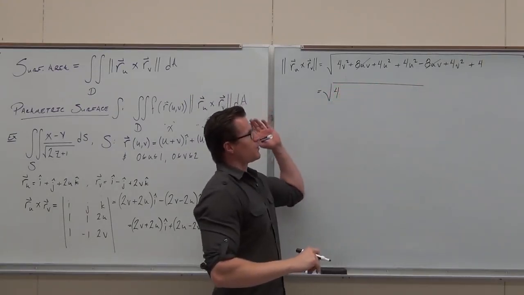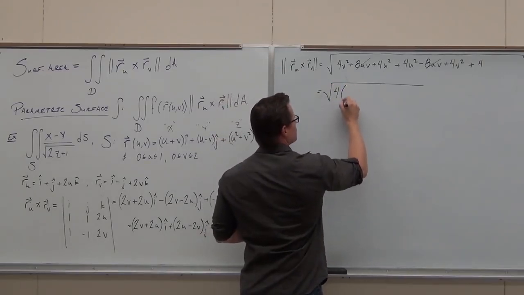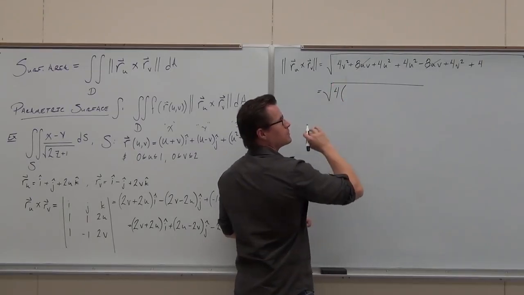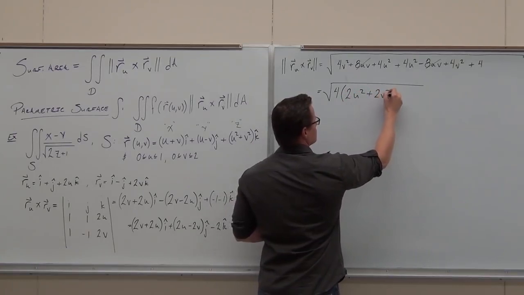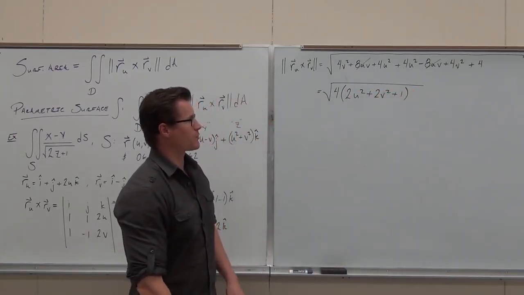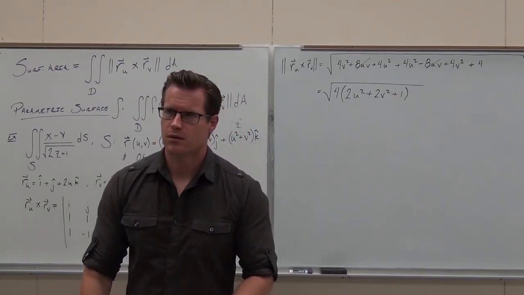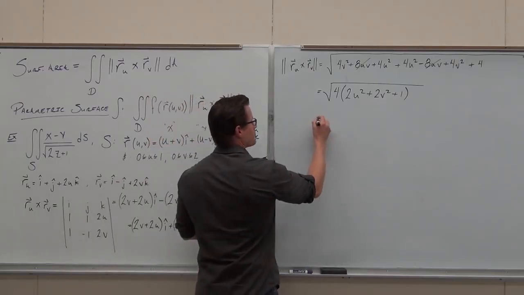If we factor out the 4 from everything, we get 2 squared, hopefully that, if I did my math right. Did you get the same thing? What can you do with the 4? Yeah, because it's now multiplication because we factored it.